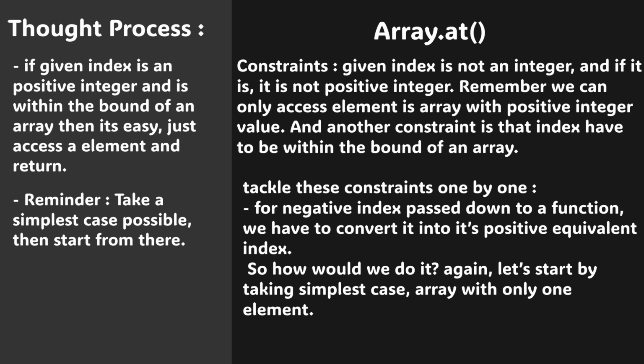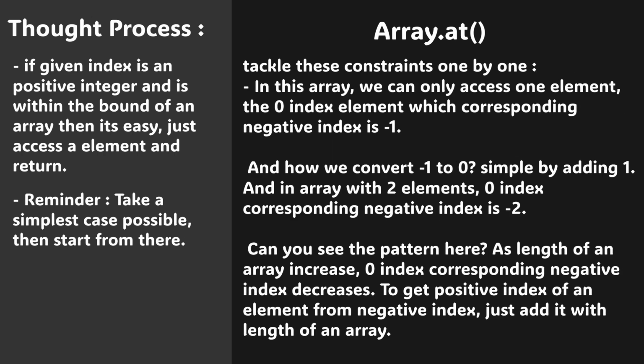Again, let's start by taking the simplest case possible, an array with only one element. In this array, we can only access one element, the 0 index element, whose corresponding negative index is -1. And how do we convert -1 to 0? Simple, by adding 1. And in an array with two elements, the 0 index's corresponding negative index is -2.